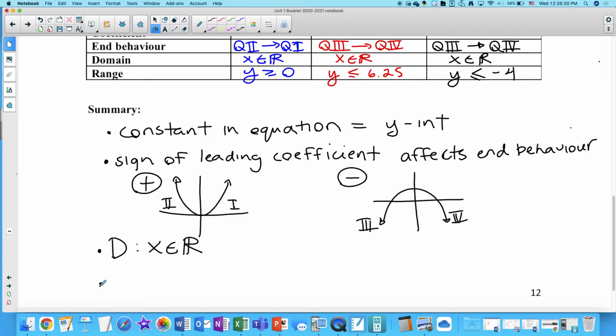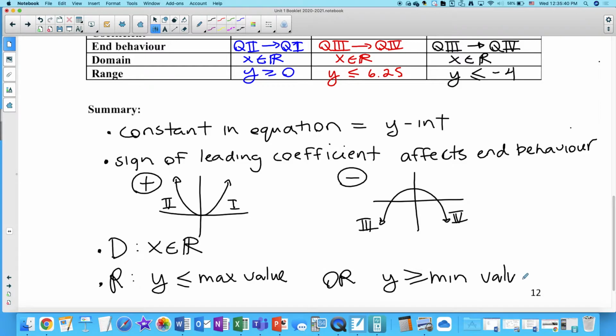So y will either be less than or equal to a max value, and that's the case when it sort of opens down, or y will be greater than or equal to a minimum value.